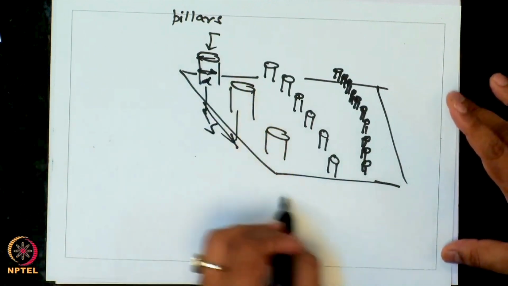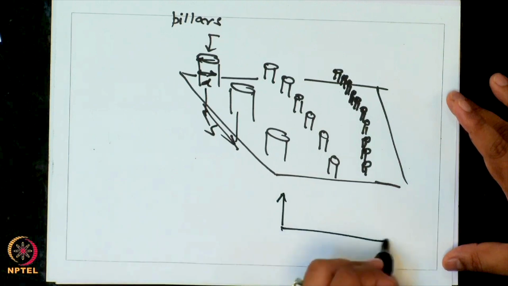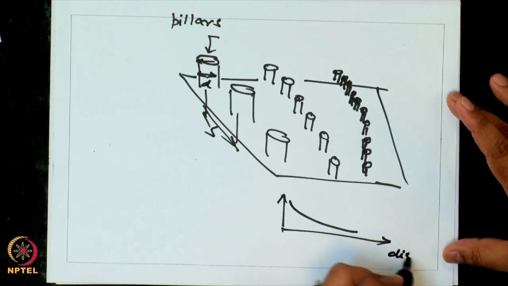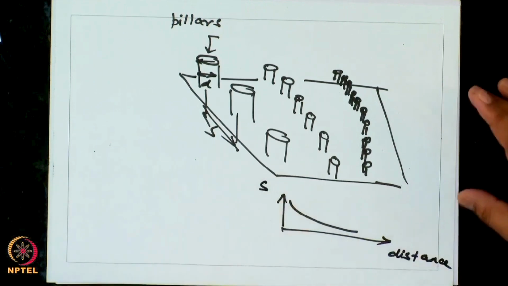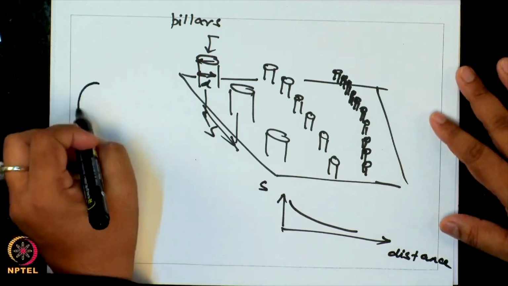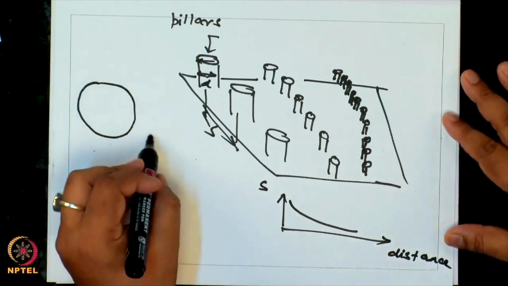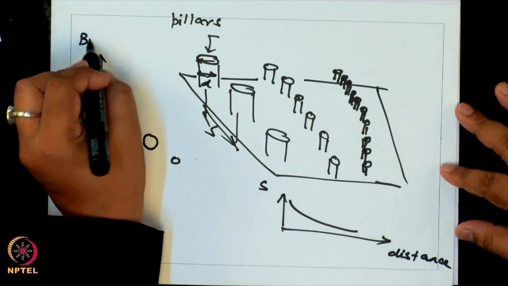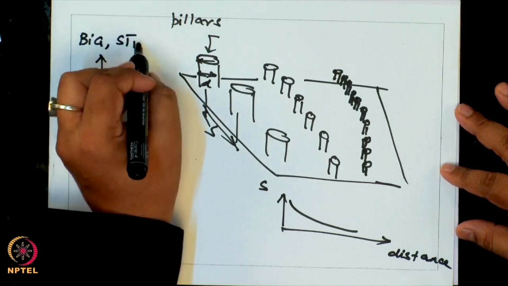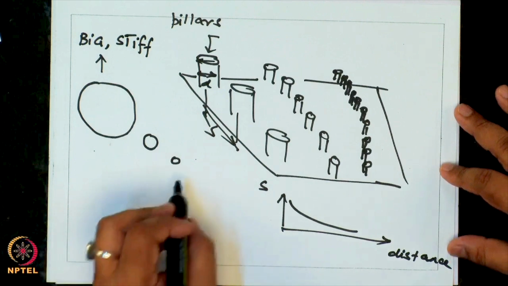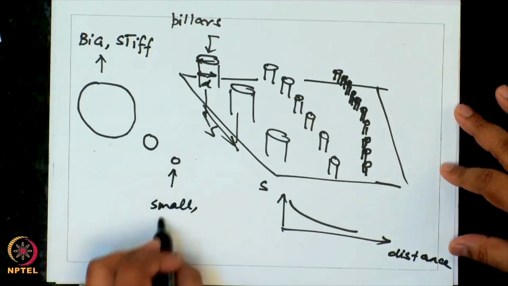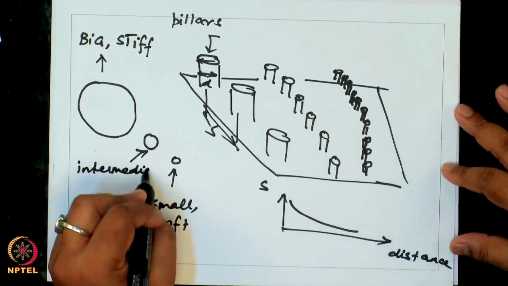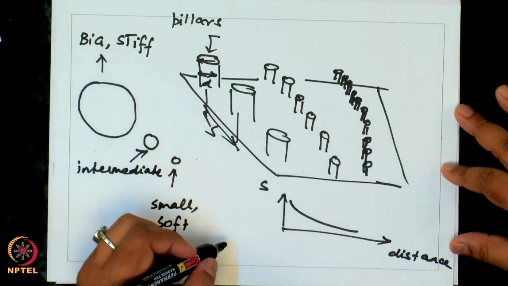So, the spacing decreases as a function of distance. If you have two big populations of cells, one is big and stiff, that means not much deformable, and this is small and soft, and you have another population intermediate both in terms of size and in terms of stiffness.